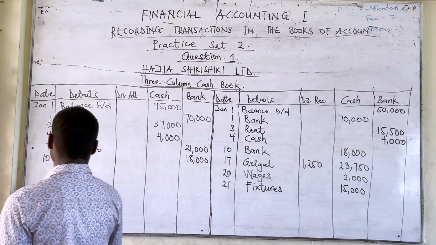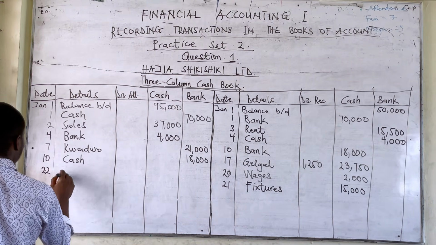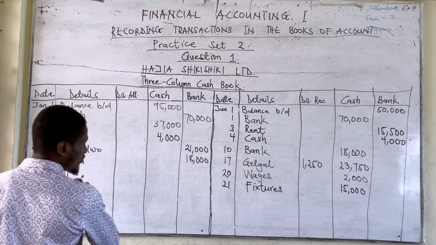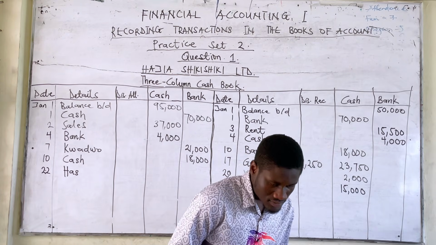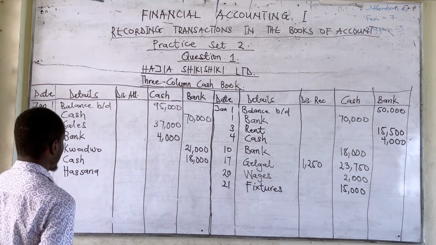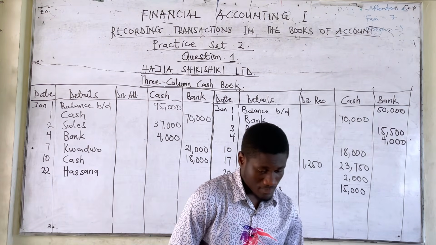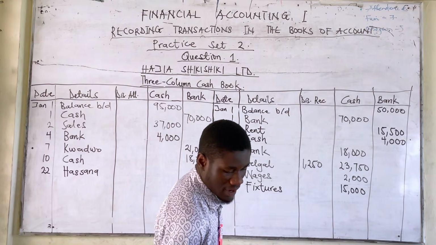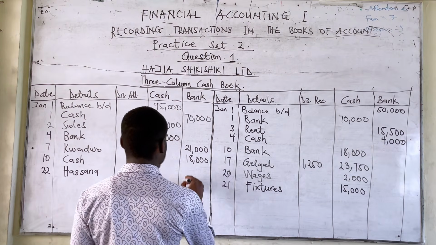22nd. Hassan, is it double S? Yes. So it increased by 27,000.